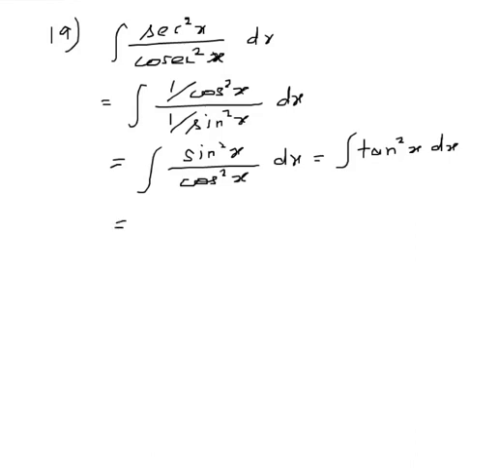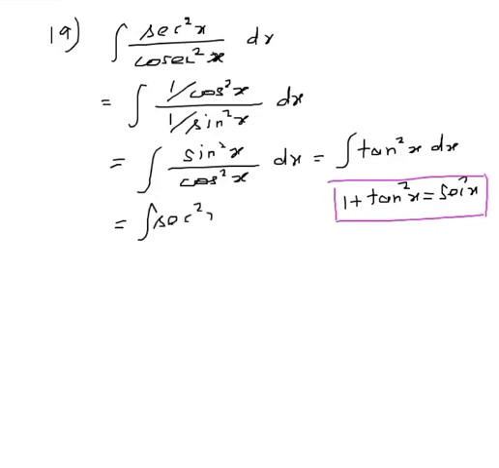Let us use the identity 1 plus tan square is equal to secant square. So tan square can be written as secant square x minus 1. Memorize the identity properly. Don't write secant square x plus 1. It is secant square minus 1. Now let us integrate these two terms. The integral of secant square is tan x, we know, and the integral of 1 is x, and plus the constant of integration.